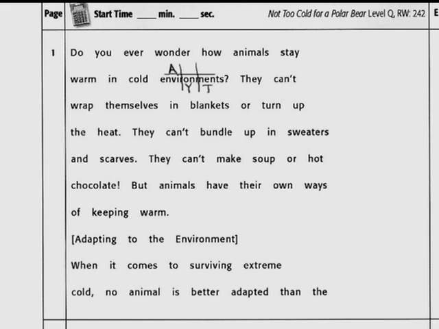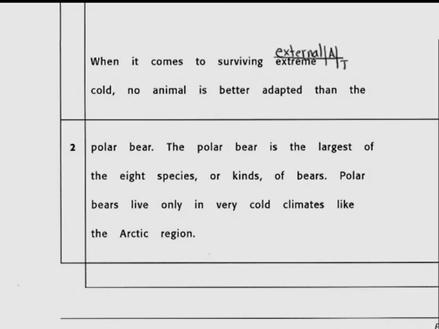When it comes to surviving external, is that right? Extreme. Cold. No animal is better adapted than the polar bear. The polar bear is the largest of the 8, I don't know that word. You try it. Speckle? Species.